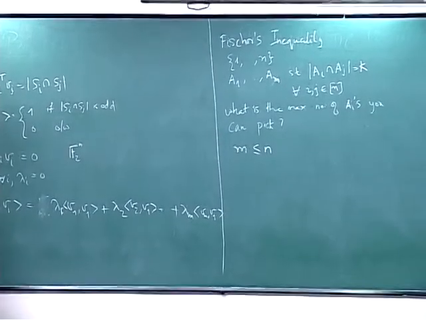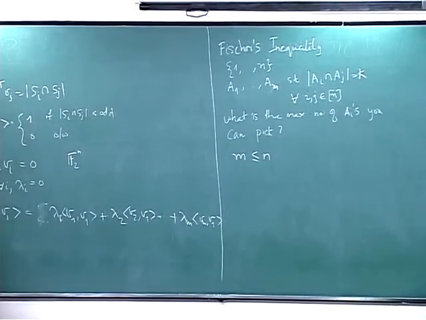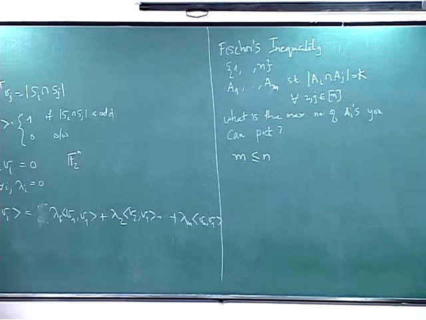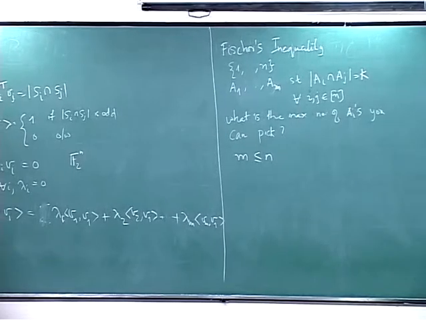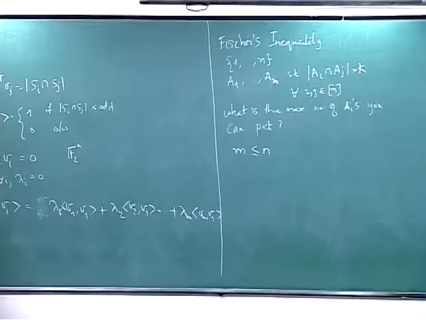Take 1, 2, 2, 3, and 3, 4 with 1, 2: the intersection will be null, but we want it to be equal to 1.